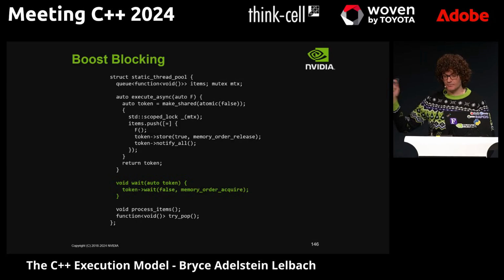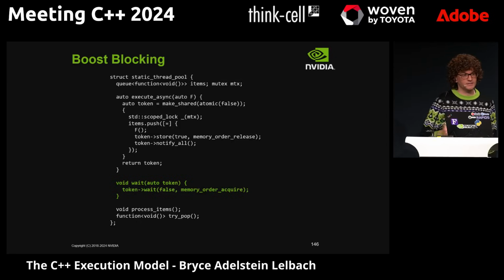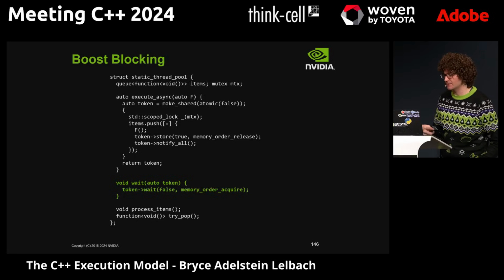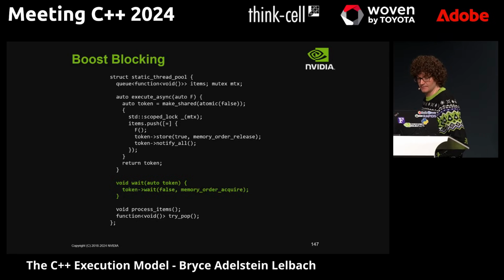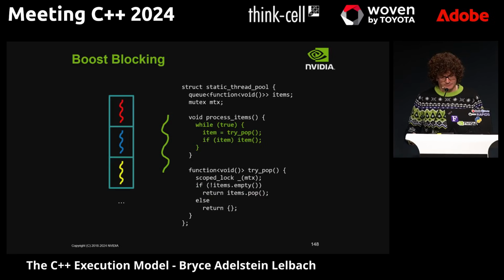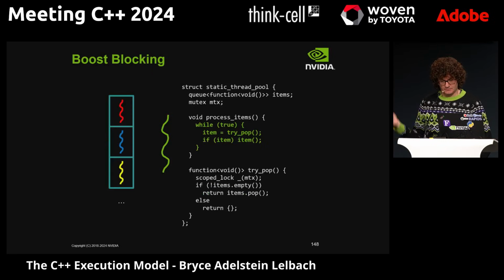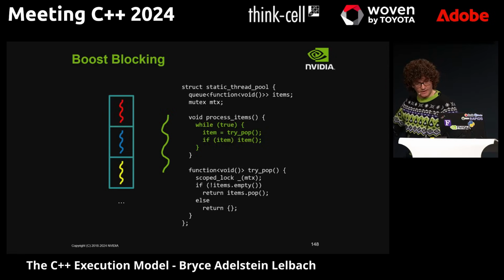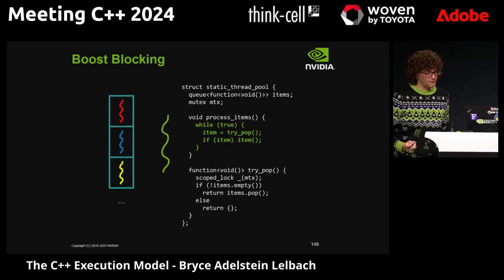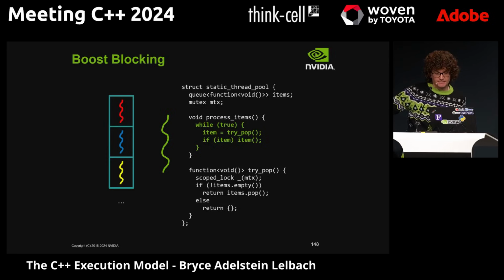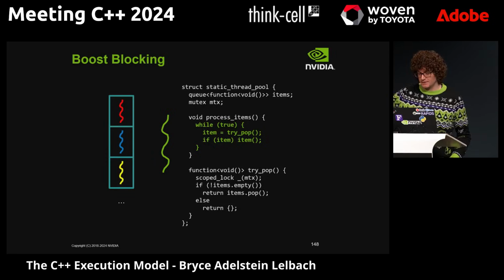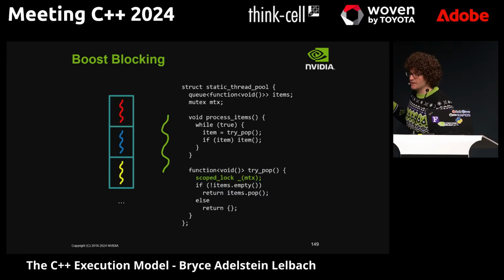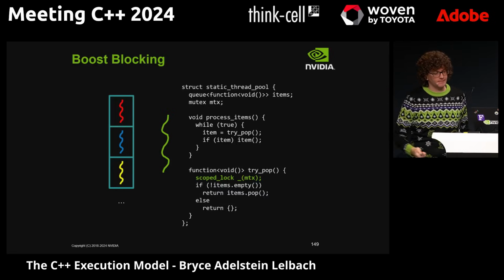So this is a bounded thread pool, and so it will have parallel forward progress. It's not going to add new operating system threads as it needs to. Each thread in the thread pool will execute process items, which is going to contain this loop here. And so this loop is going to call try-pop, which will lock the mutex.